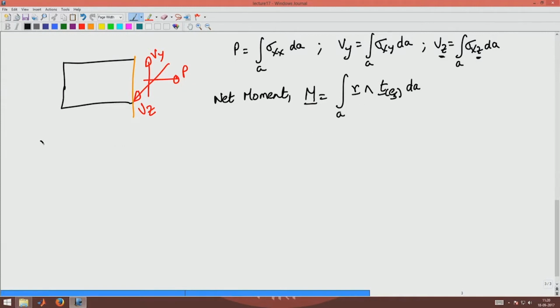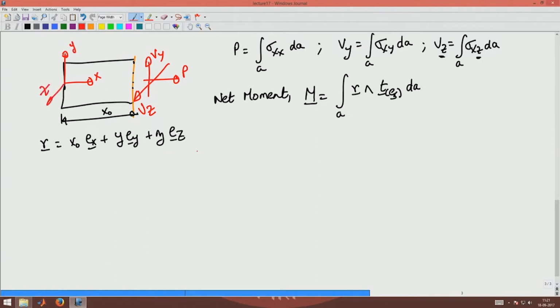R would be, for any point in this cross section, what will be R? Say this distance from the origin was x naught, R would be x naught Ex plus y Ey plus z Ez. Okay. Recollecting that the origin was from here, this is x, this is y and this is z.